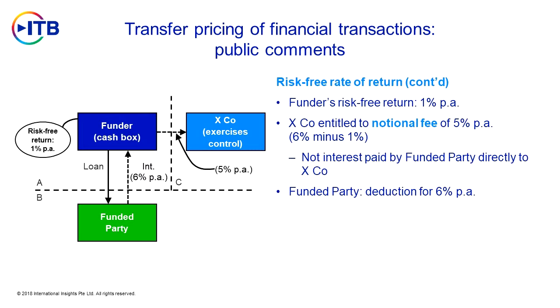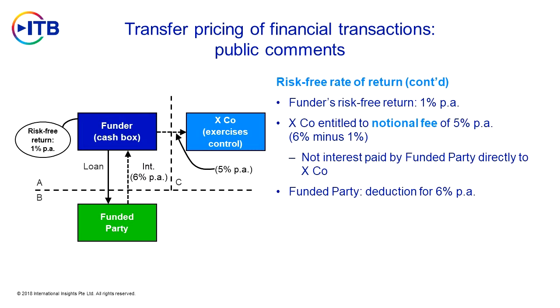Therefore, according to the discussion draft, funder is entitled to no more than the risk-free rate of return. Let's assume that that is 1% per annum. The difference between the two numbers, 5% per annum, is allocated to Exco, the related party which does exercise control over the financing risk for this loan.